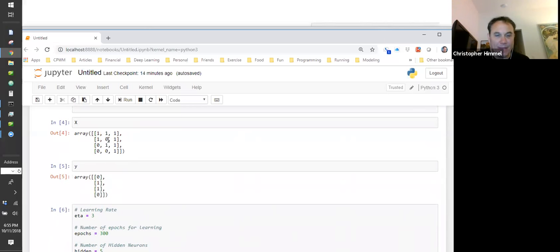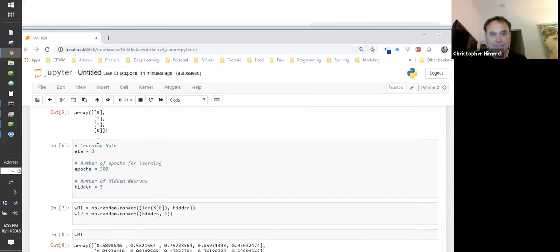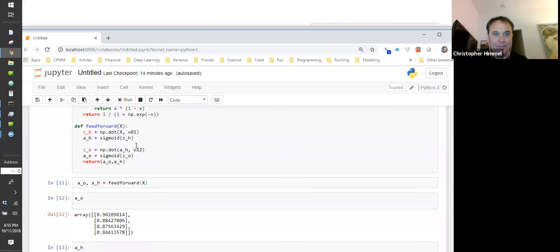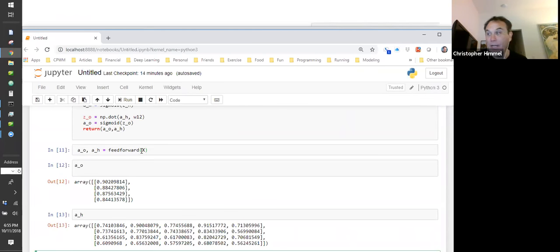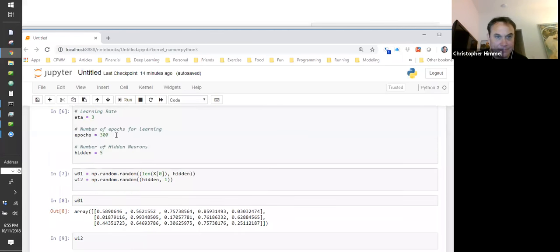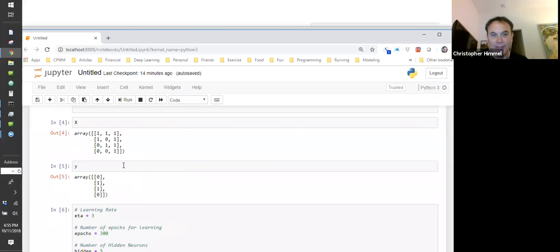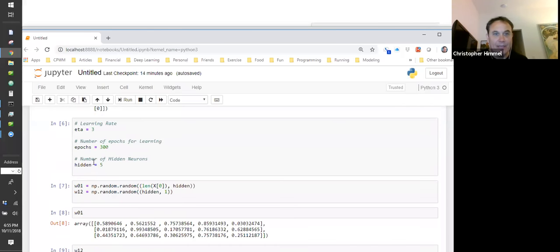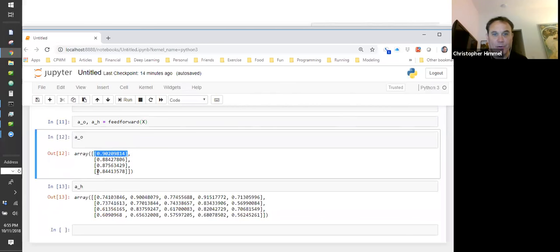I ran this neural network feed forward 4 times by passing that in. If I only passed 1 in, I only get 1 answer out. But I passed 4 in, so I got 4 answers. This is the answer that you would get if you pass in 1 1, and a 1 for bias. And then here's the 1 0, the 0 1, and the 0 0.